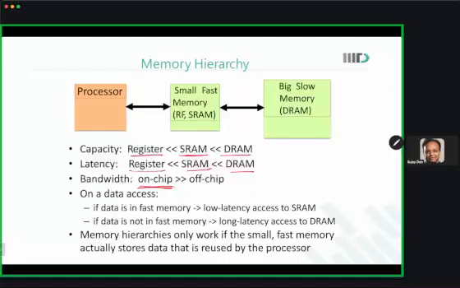Now the catch here is that we are fine to have this kind of tweak of having a small fast memory in between. But it will only work if most of the requests from the processor can be served by this small fast memory, right? Even if I have this small fast cache in my processor, but most of the requests are getting served by the main memory, then what will happen?